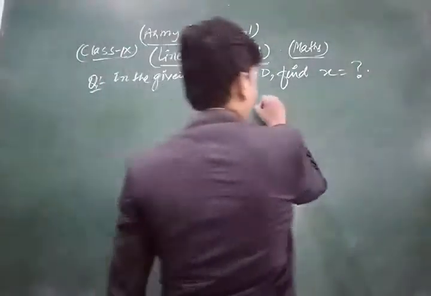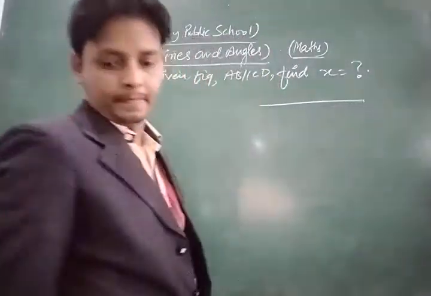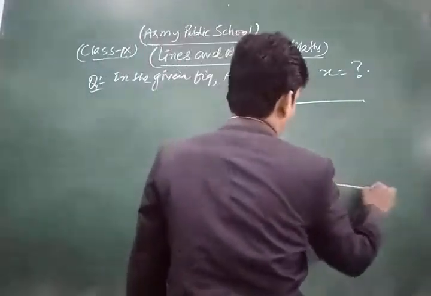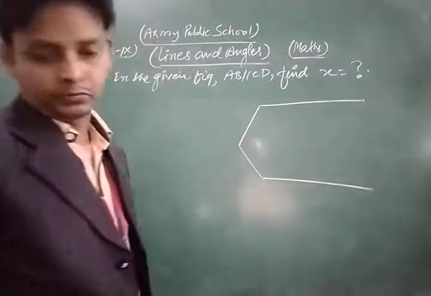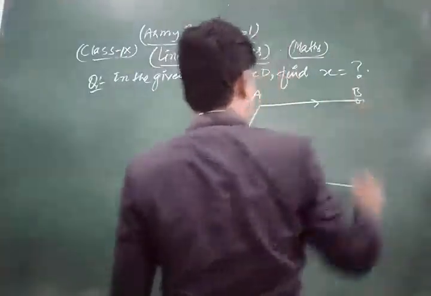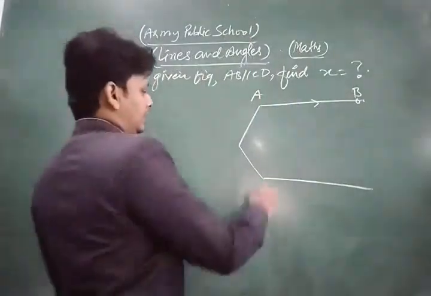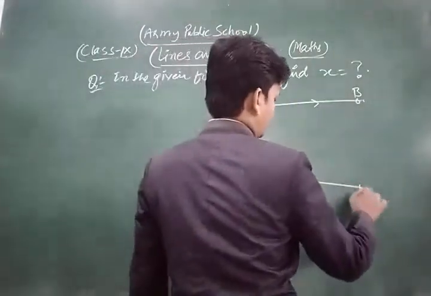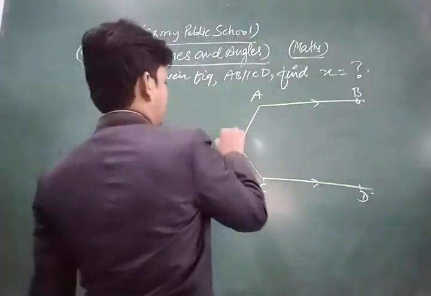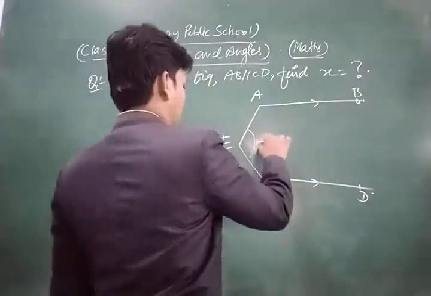And the figure is: AB parallel to CD. This is CD. This is E. This is your x.